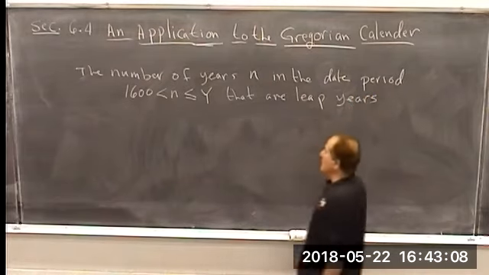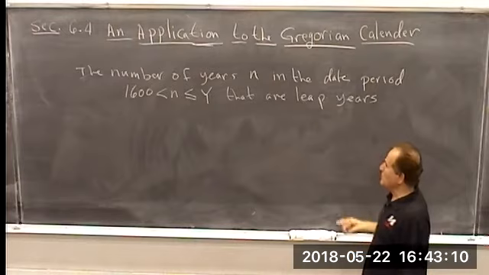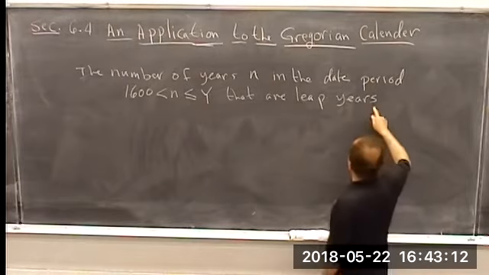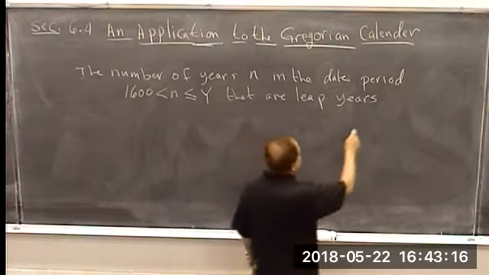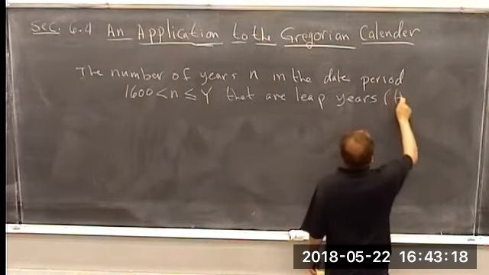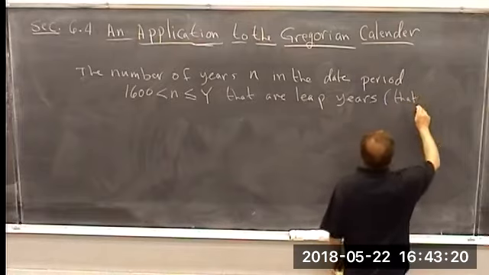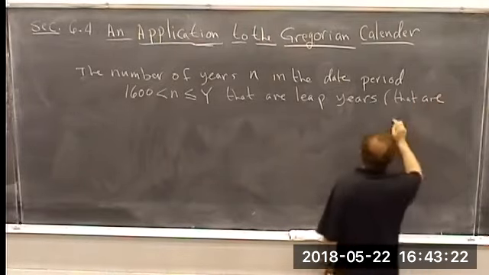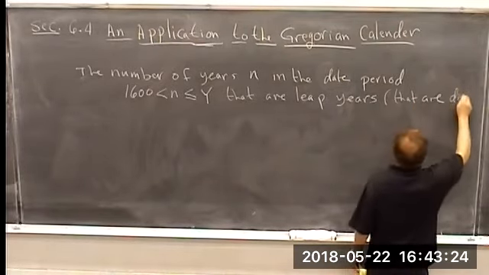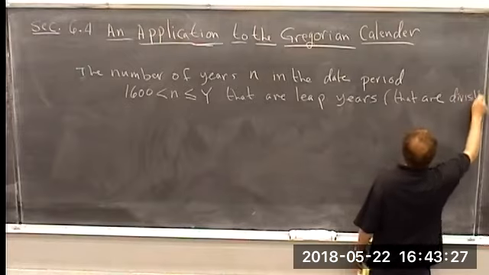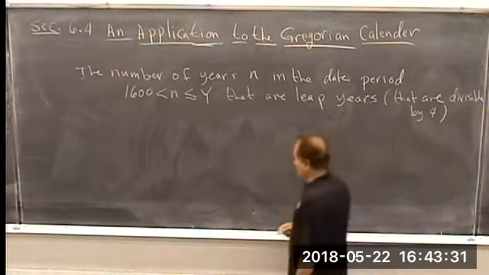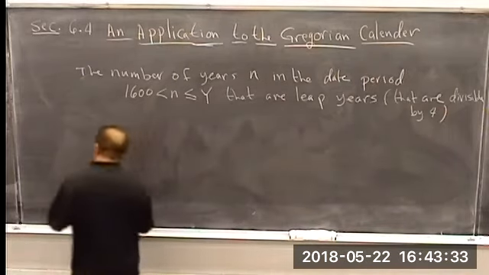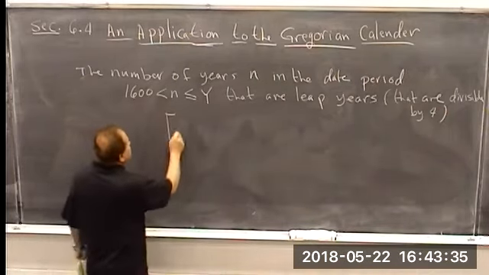These are going to be the multiples of 4. These are the years that are divisible by 4. And remember, we could use the greatest integer function to do this.